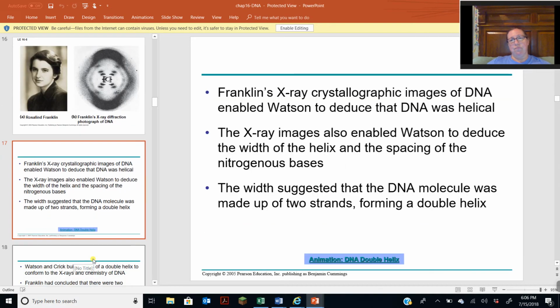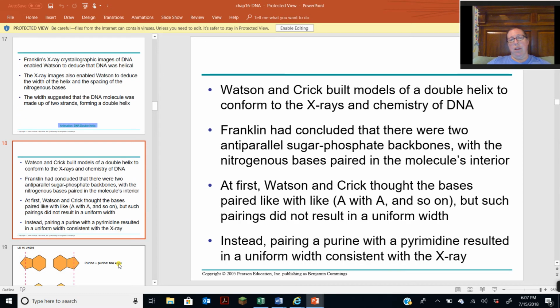And this just talks about it. And it was these images, even though, again, they weren't given a lot of credit, that enabled Watson to deduce the width of the helix, and this would help give information about the spacing. Because when Watson and Crick first built the model, they built it with A binding with A, T with T, and so on.